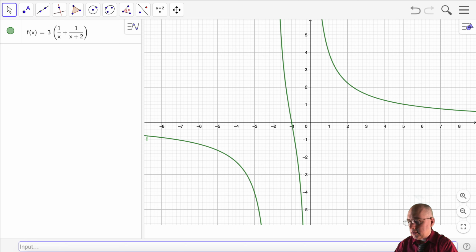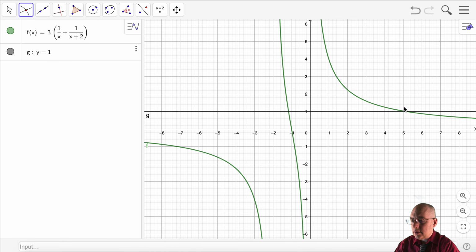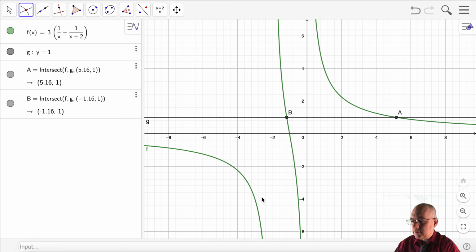So there's that, and I want that to be equal to 1. And I can just take the intersection here, and there we go. And then there's also another one over here, but that's negative, so that's silly.